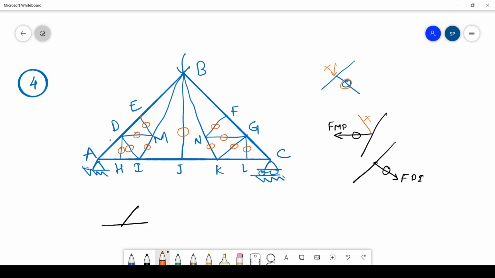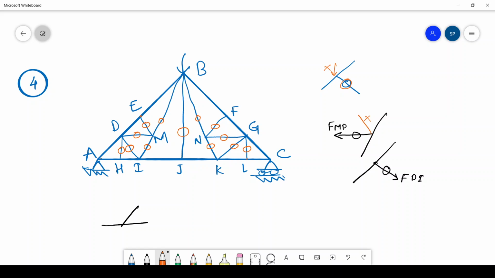So the only unknown remaining is joint B. If you analyze this joint B, that will be a very easy thing. So EMB also will become 0 because if you consider joint M, this will be 0. If you consider joint N, this NB. So what is remaining now?